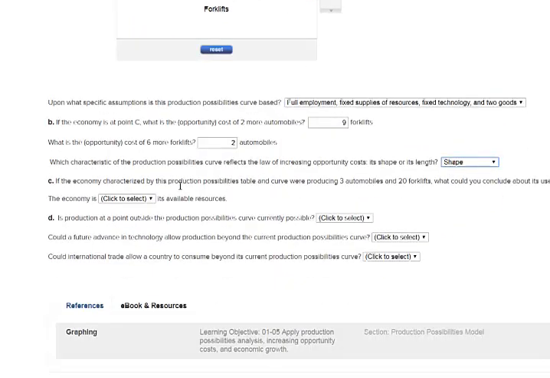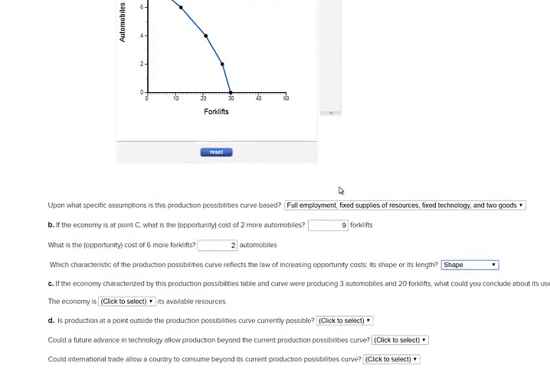If the economy characterized by this production possibilities table and curve were at 3 and 20, what could you conclude about the use of available resources? 3 autos, 20 forklifts.